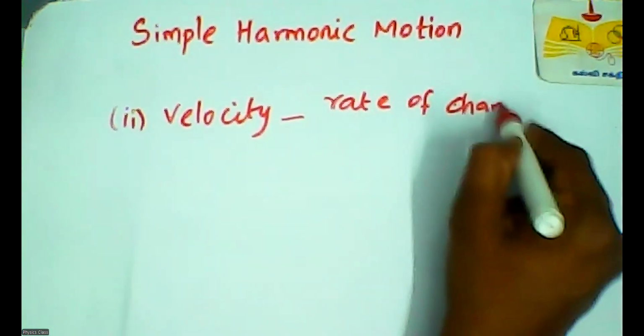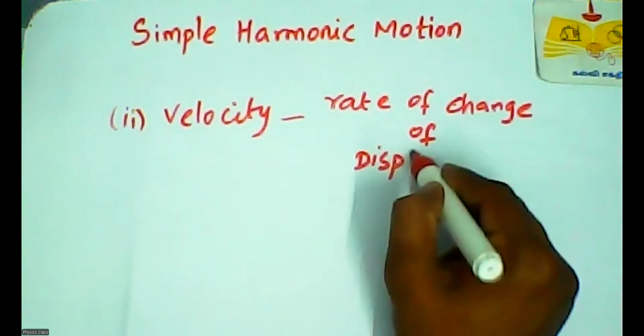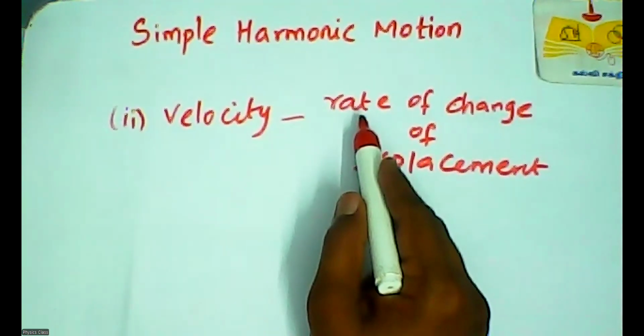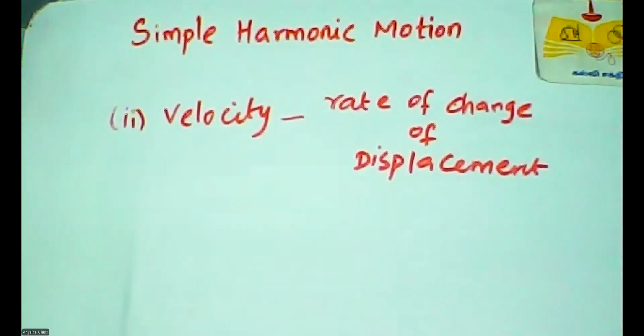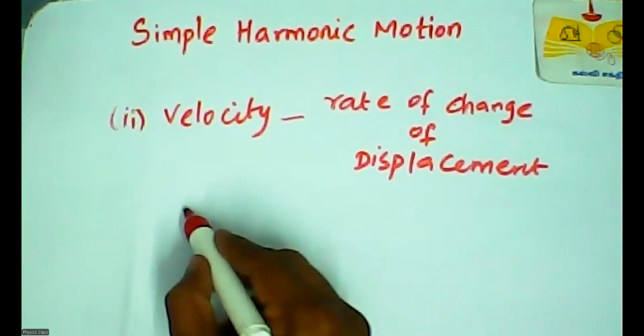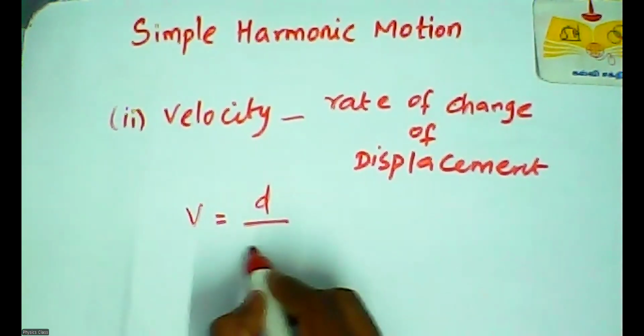What is meant by rate? With respect to time, everything changes with respect to time. So the rate of change of displacement, which is nothing but v is equal to d by dt.